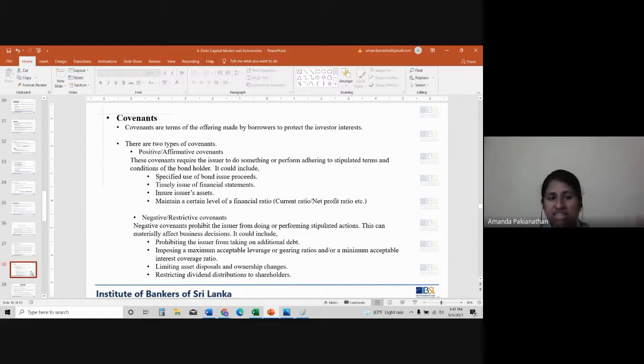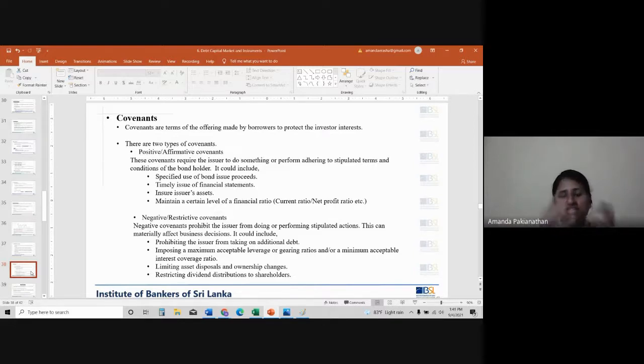So understand where the difference comes. Positive covenants are telling the issuing company to do something. You have to act in this way, perform this, do this, is what a positive covenant is. Negative covenant means, no, don't do this. They are restricting you from a certain activity. Now, most students get confused with ratios.